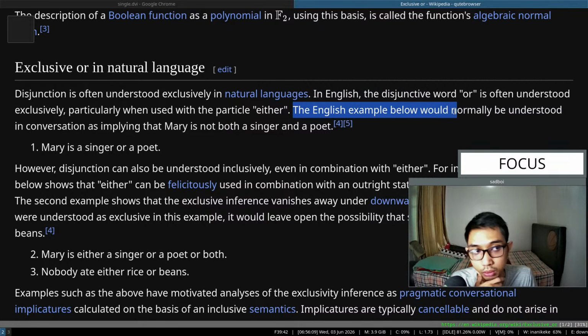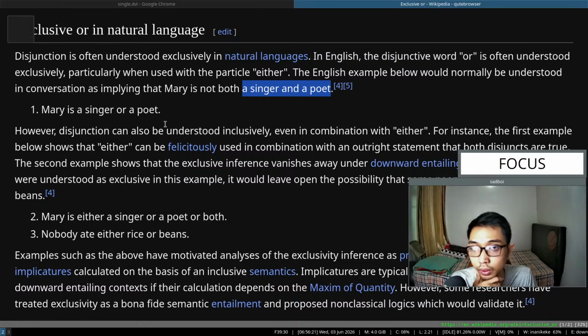This example below would normally be understood in conversation as implying that Mary is not both a singer and a poet. Mary is a singer or a poet.